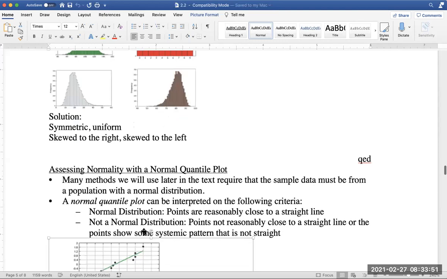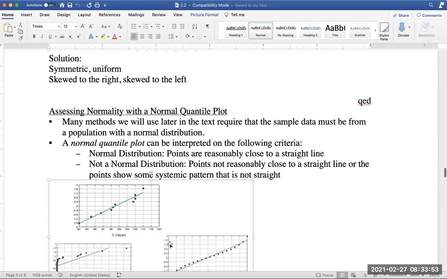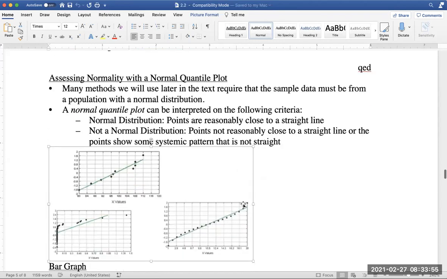Whereas this one here is also not normal. Notice how it goes up, down, how it oscillates. So notice this oscillating behavior. It looks pretty darn symmetric, but it looks oscillatory.